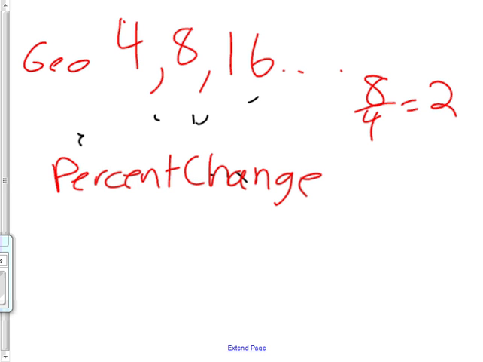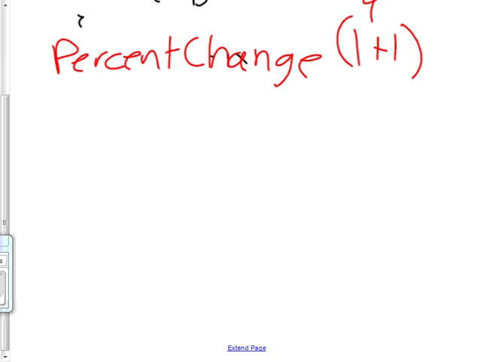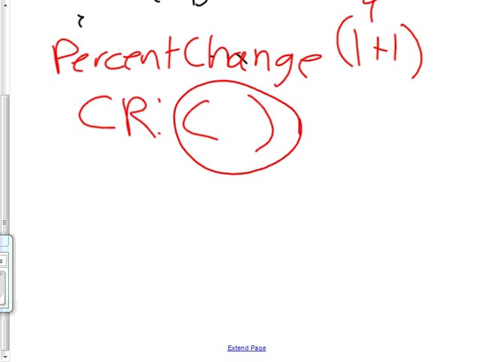Why is that? So you do 1 and then what? 1 plus 1. Yep. It has to equal the parentheses. Yep. So just a real quick, cleaner explanation of that. Our common ratio is always going to be the full thing inside of the parentheses. It's going to be everything inside of there.